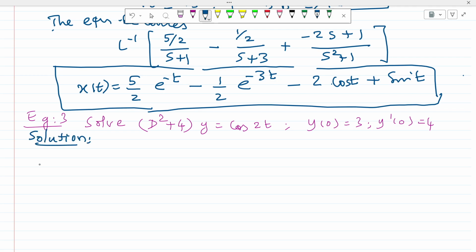What is the dependent variable here? Y is the dependent variable, t is the independent variable. Why is it switched off? Switch on one second.